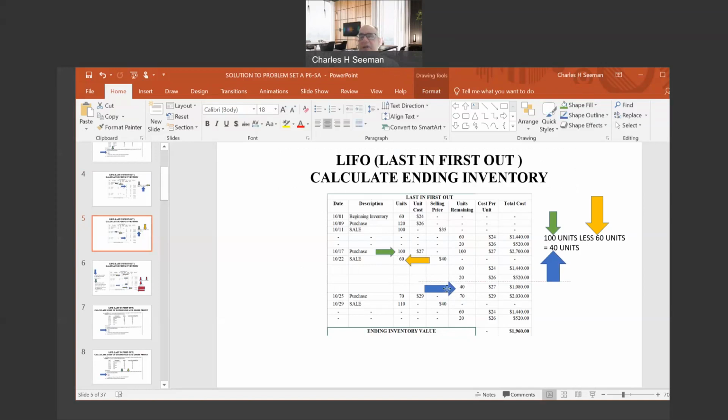That's this layer right here. We still have the 60 layer, and we still have the 20 of the $26 layer. So we purchased 100 units. We used 60 to satisfy this 10/22 sale, and we have 40 left.